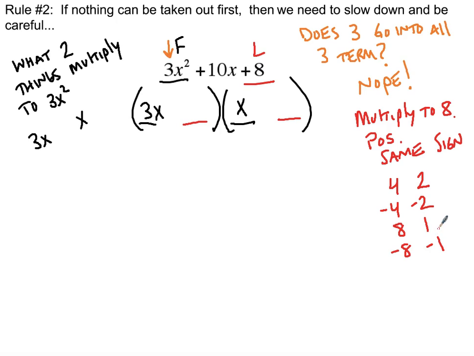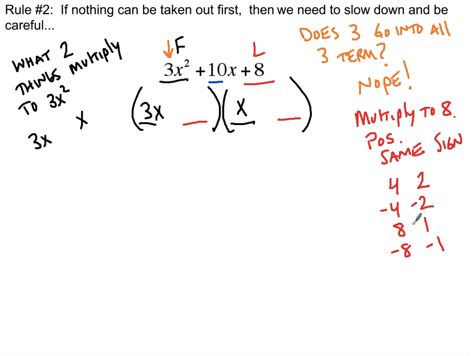Now here's what's different. In previous FOILing problems, we would find the combination that adds to 10. But if you look, none of these add to 10. These add to 6, these add to -6, these add to 9, these add to -9. None of them add to 10.